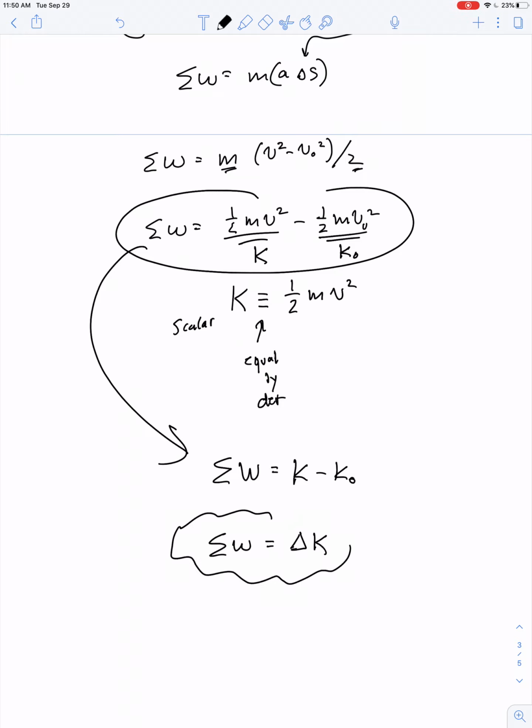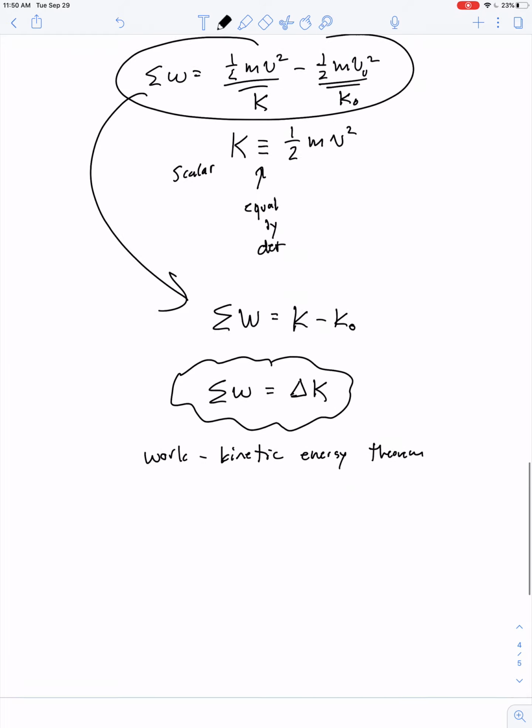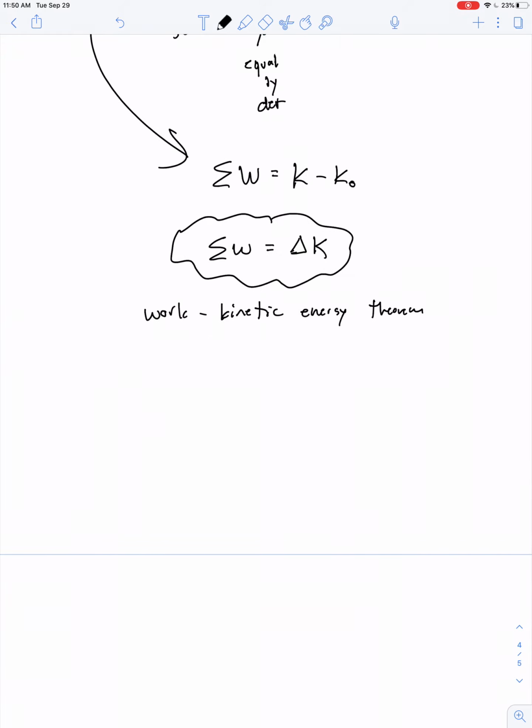That idea is known as the work kinetic energy theorem. And we could write it another way. We can say the net amount of work done on an object is equal to the change in the quantity 1/2 mv squared.